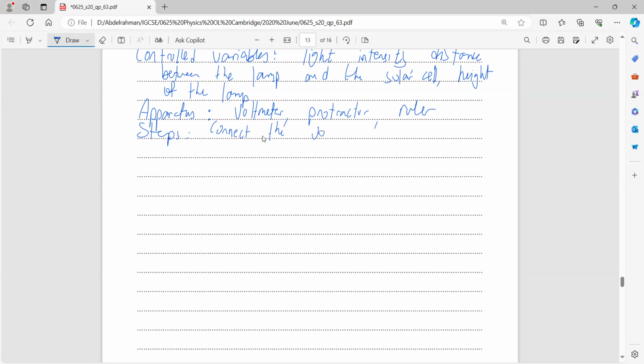I can connect the voltmeter to the output of the solar cell, and then measure the angle using the protractor.